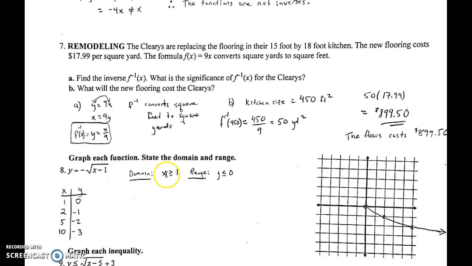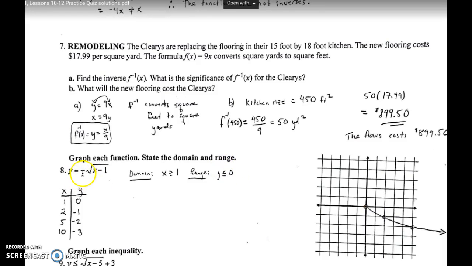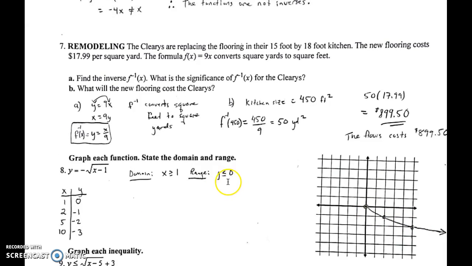So my domain is any x value greater than or equal to 1. And my y value, my range is any y value that's less than or equal to 0. The reason this is less than is because I have the negative sign in front. So I'm looking at the bottom half of a root function. The negative root starts at a point and goes down. So my range is less than the starting value.